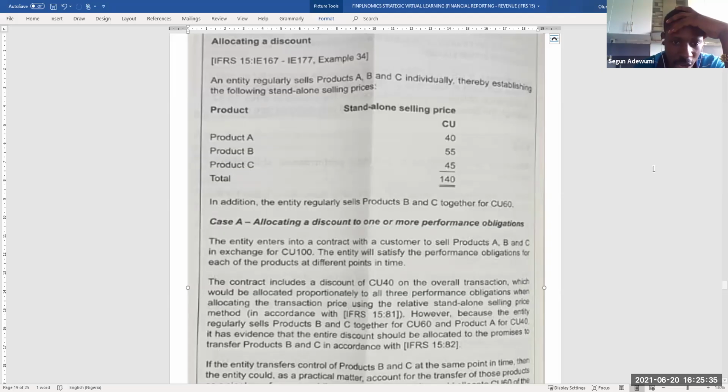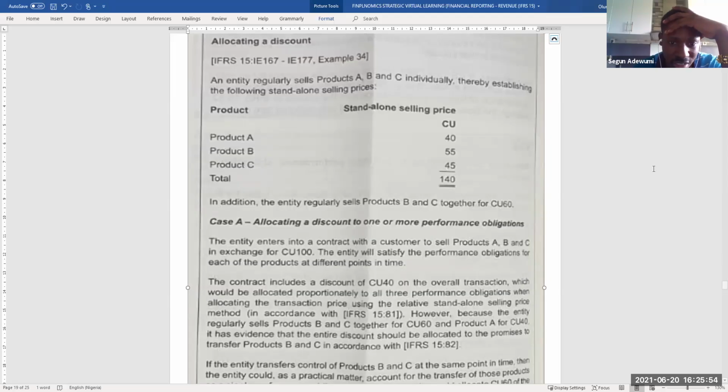Case A, allocating a discount to one or more performance obligations. The entity enters into a contract with a customer to sell products A, B, and C in exchange for 100 CU. The entity will satisfy the performance obligations for each of the products at different points in time.